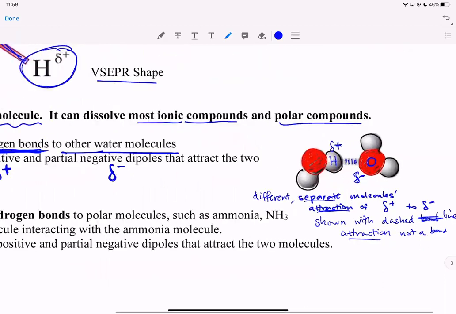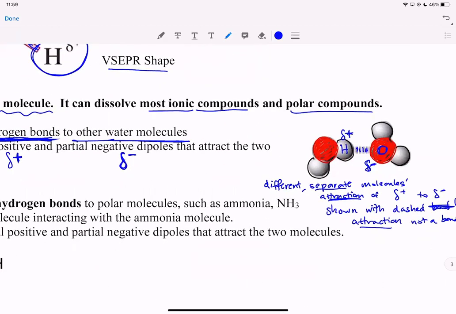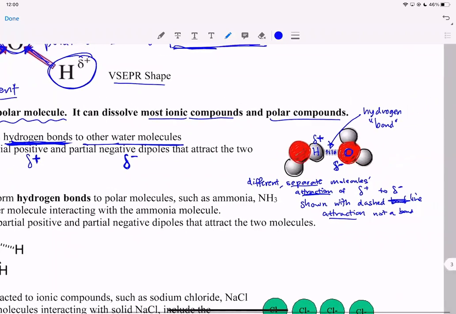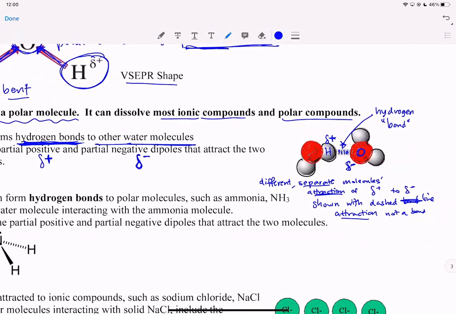And that is the attraction of one water molecule to another water molecule. And that specifically is the hydrogen bond. So this is the hydrogen bond. And in the video, I'm going to put bond in quotes because it's not actually a bond. It is not a line. It is a dashed line because it's an attraction. It shouldn't be called a bond, but it is.